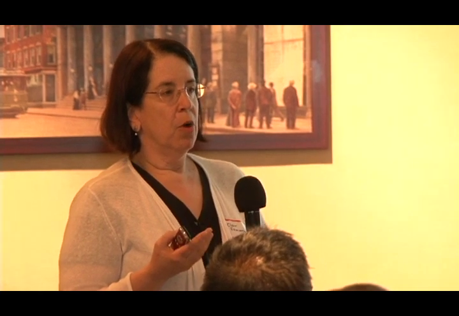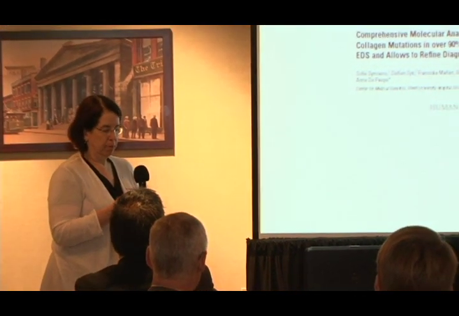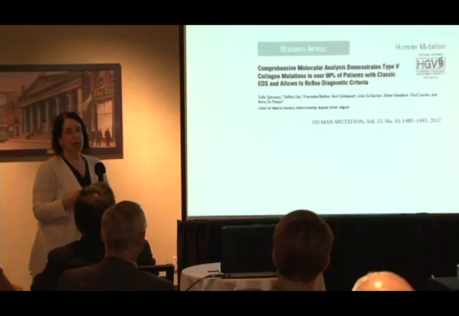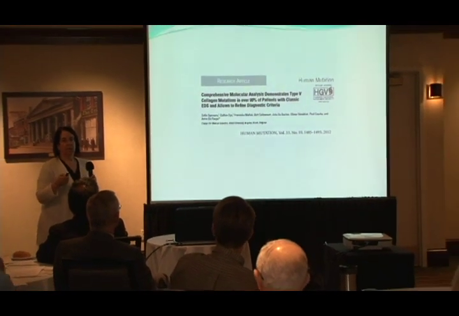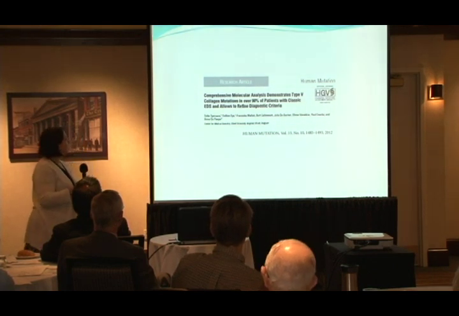We won't really know about that until we have molecular definition of hypermobile Ehlers-Danlos syndrome, and I believe there are going to be additional subtypes that we will identify when we start getting good molecular definition. So that's something that's really a very big, important, outstanding question for all of us who care for these patients.